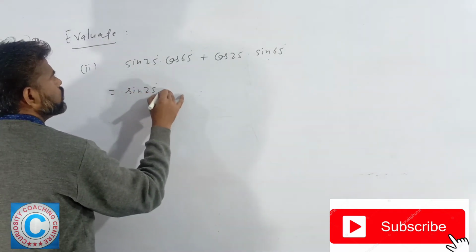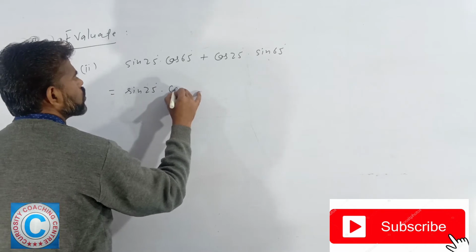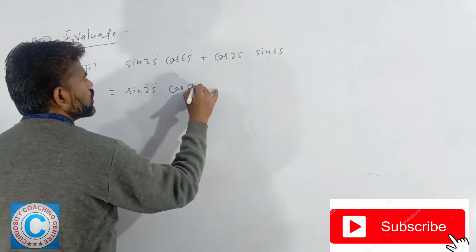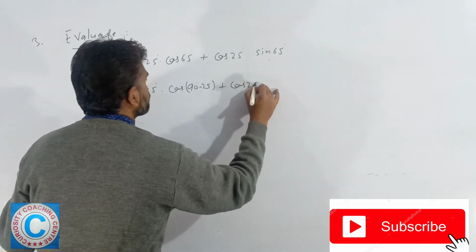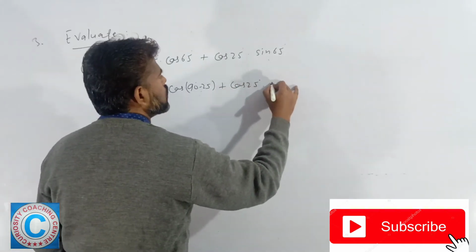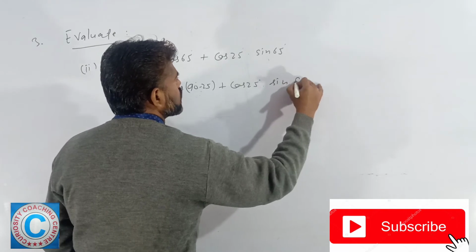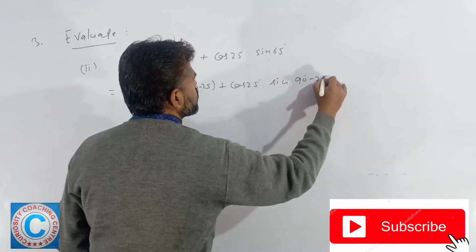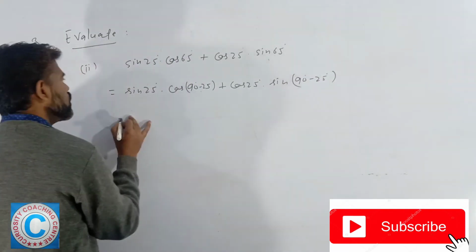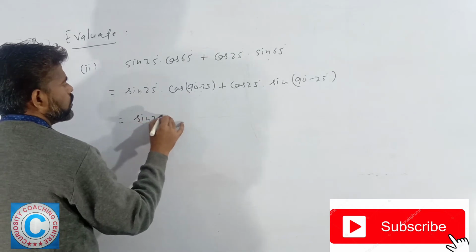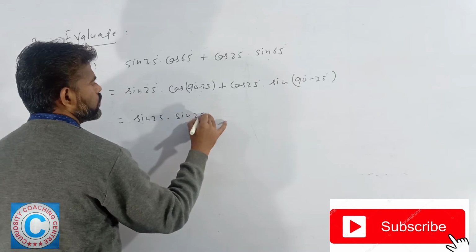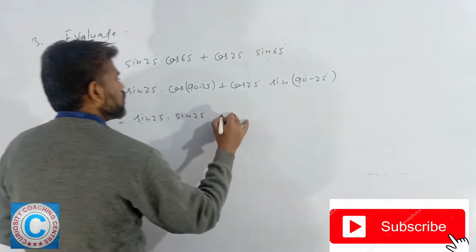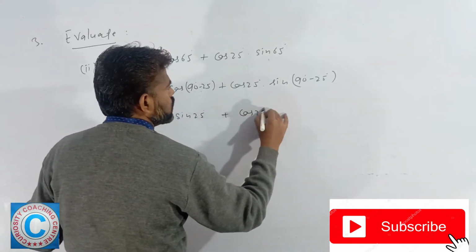Sin 25 degree into cos 65 degree. 65 can be written as 90 minus 25. So cos 65 can be written as cos of 90 degree minus 25 degree, which is sin 25. Similarly, sin 65 can be written as sin of 90 degree minus 25 degree, which is cos 25 degree.